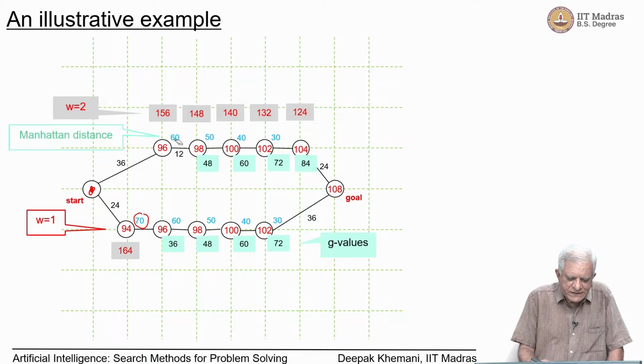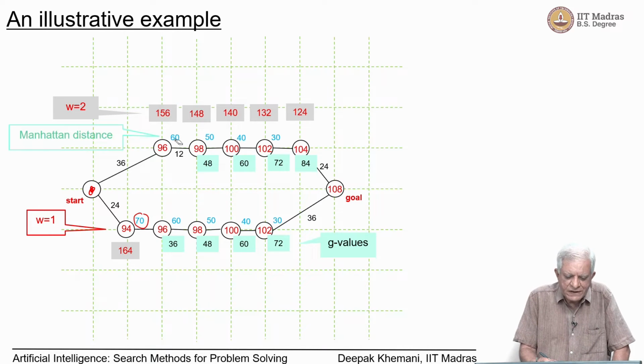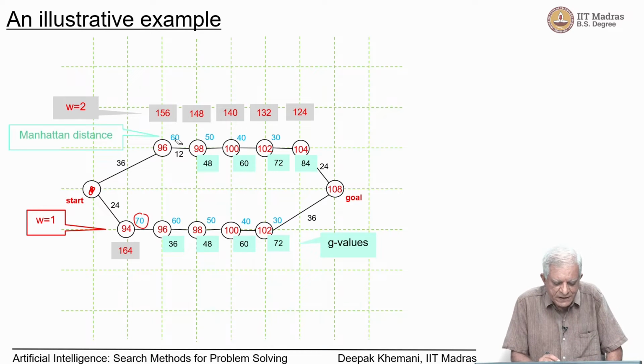So, if you notice in this graph, there is a start node on the left and a goal node on the right, and there are two paths that we have drawn. Both paths are of equal length. If you look at their lengths, the horizontal segment is 12 units and the diagonal segments are 24 and 36 units respectively, depending on whether it is a longer, bigger triangle or a smaller triangle.